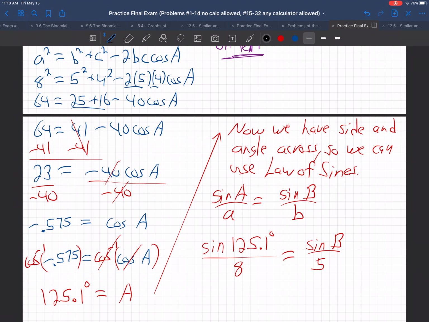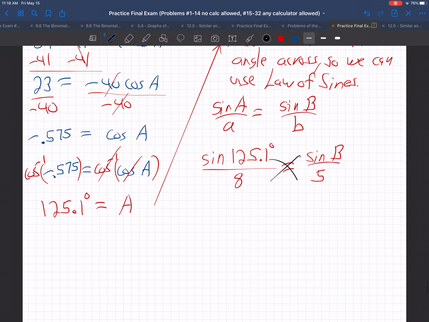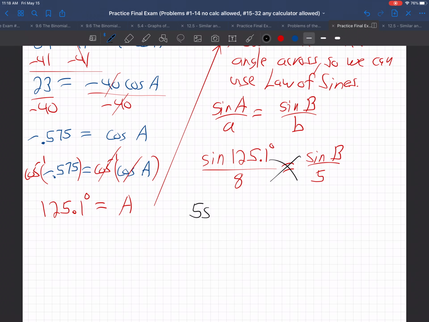There we go. Okay, so let's solve that. Cross multiply, diagonal, diagonal: 5 sine 125.1 degrees equals 8 sine B.